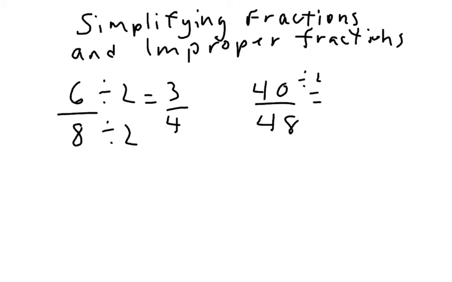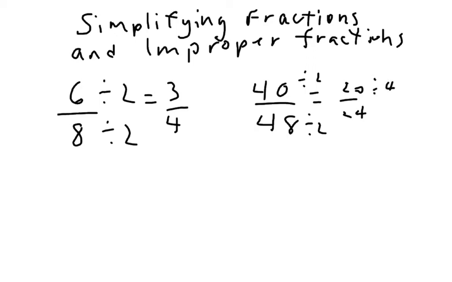I can divide by 2 if I wanted to, and I get 20 over 24. And I could divide both of them by 4 at this point. But if I divided by 2 again, I would get 10 over 12. Then divide both of those by 2, and I would get 5 over 6, which I would have gotten right away if I divided 40 by 8, which gives me 5, and 48 by 8, which gives you 6. So it would turn out to be 5/6.